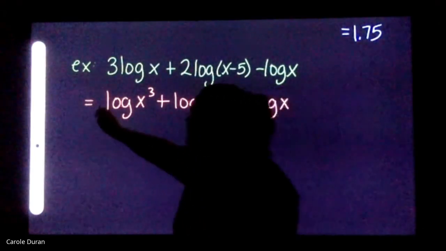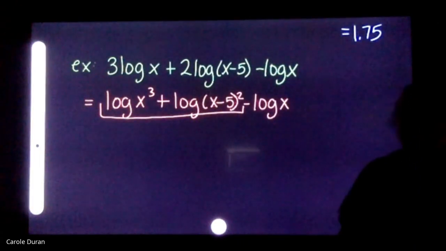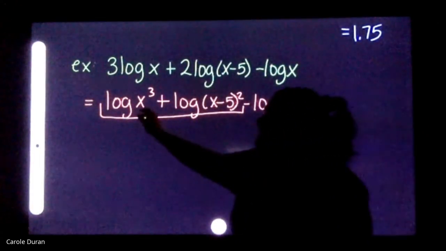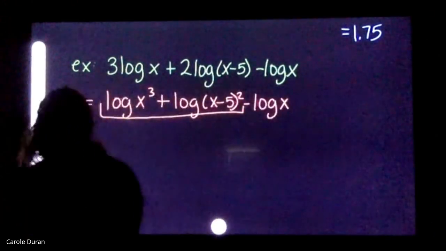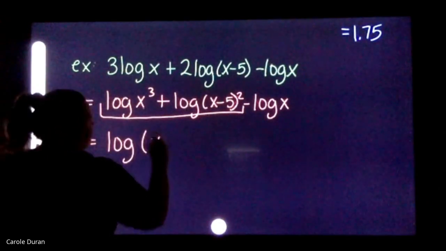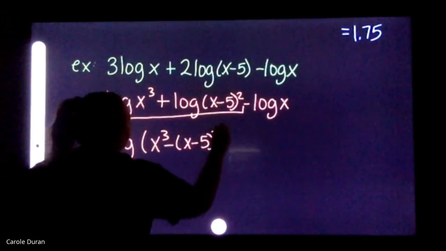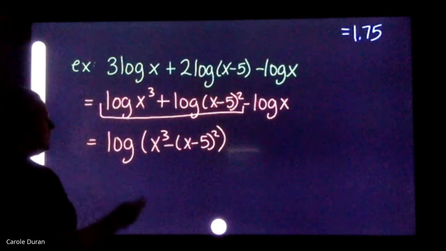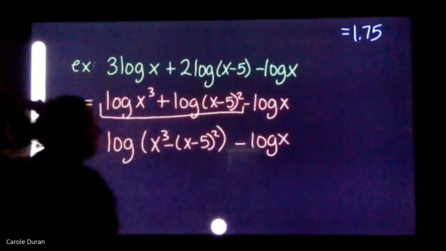So I'm going to take these 2, and I'm going to rewrite it as the multiplication of x cubed and x minus 5 squared. So then this becomes log of x cubed times x minus 5 squared, and then still minus log of x, because I haven't done anything with that yet.